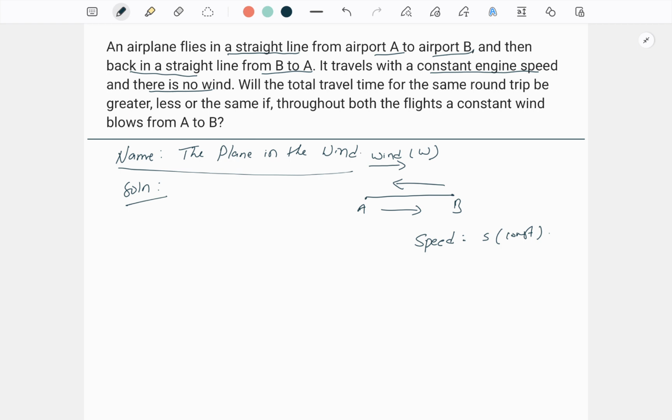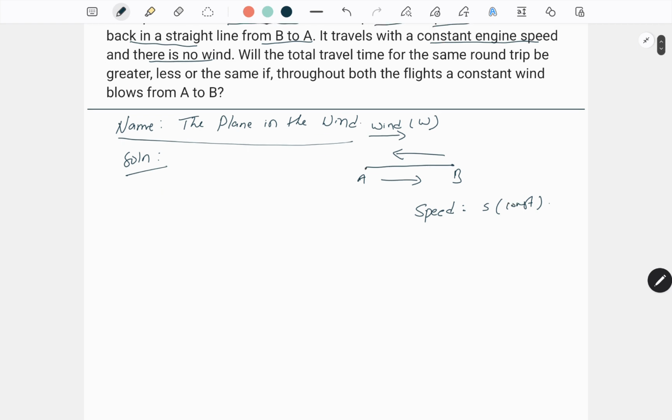And if there will be changes, will it be greater than usual, less than usual, or the same as it is? Let's say we have a travel time which is t. So this is the problem statement we are given.